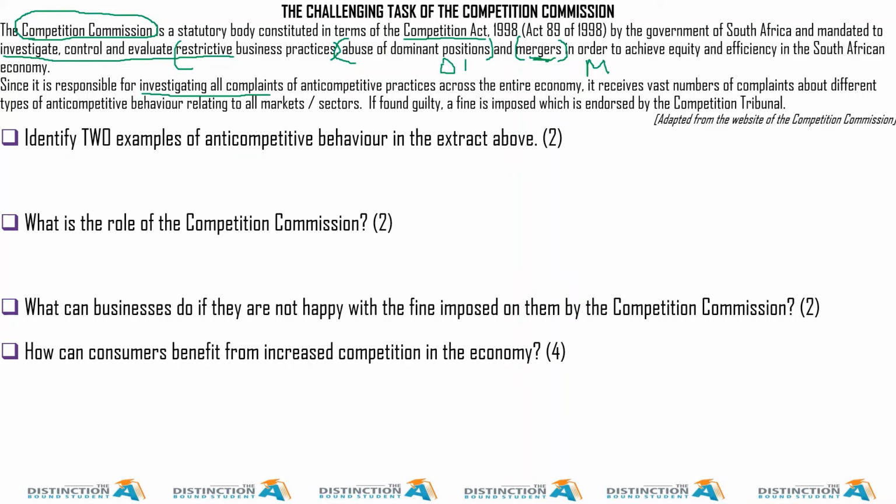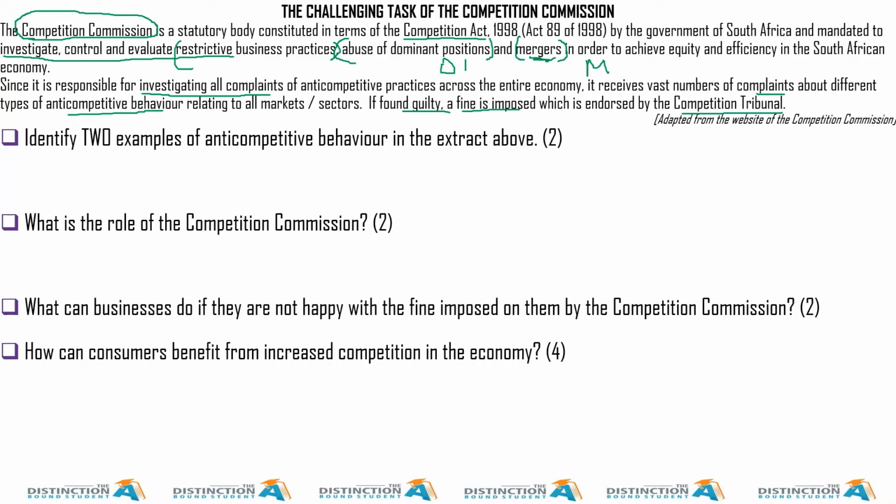It receives a vast number of complaints about the different types of anti-competitive behavior relating to all market sectors. Right? If found guilty, by who? By these guys, a fine is imposed. So there's punishment, which is endorsed by the Competition Tribunal.